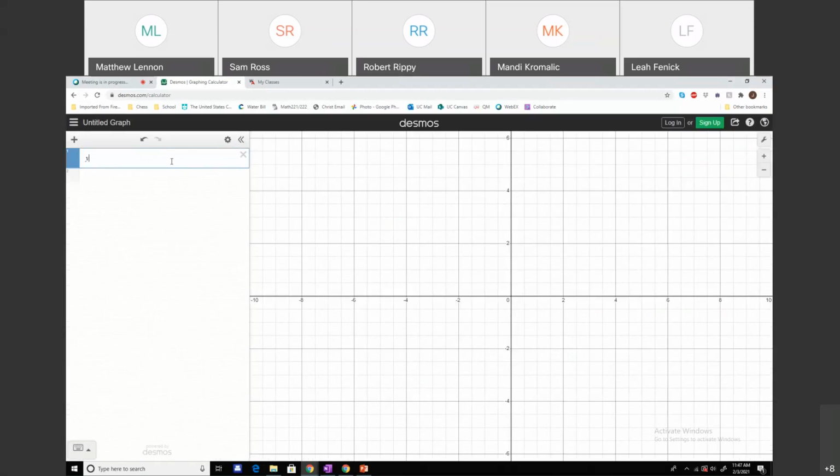So let's say we have y equals x minus 1 divided by x squared minus 1. This actually doesn't exist at 1. Desmos is graphing this by plugging in a bunch of points, but really, you would have a hole in this graph.